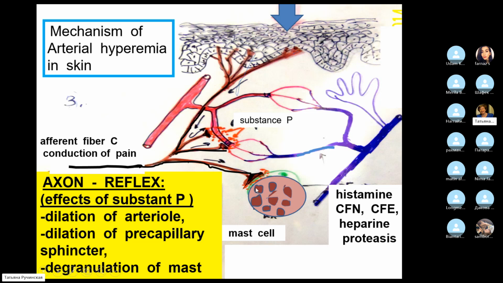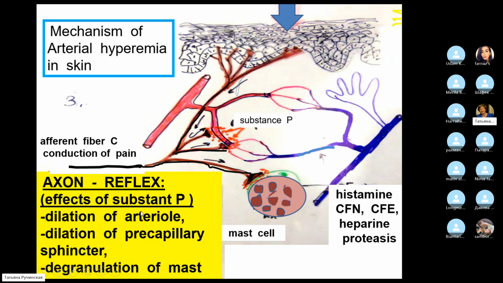After that, from the ends of these branches, a neuropeptide named substance P is released. And all the effects of the axon reflex are the effect of substance P.